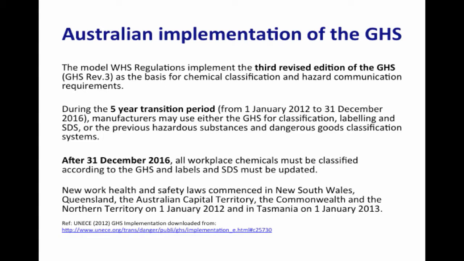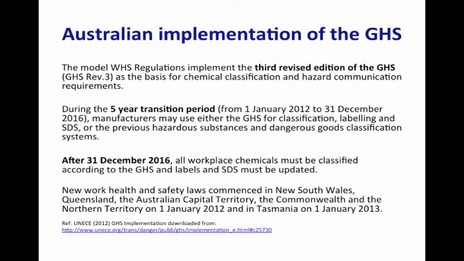During the 5-year transition period from the 1st of January 2012 to the 31st of December 2016, manufacturers may either use the globally harmonised system for classification, labelling and the production of safety data sheets, or the previous hazardous substances and dangerous goods classification systems, which include material safety data sheets. After the 31st of December 2016, all Australian workplace chemicals must be classified according to the globally harmonised system, and labels and safety data sheets must be updated.